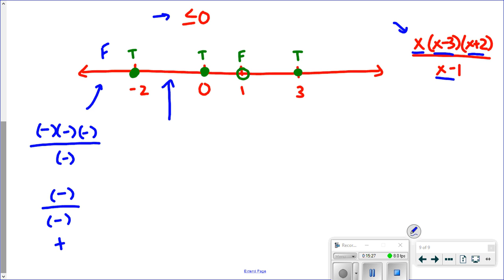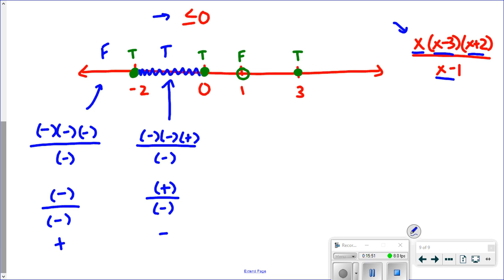Okay, so I'm thinking about -1 here. So negative times negative times positive divided by a negative. So positive on top divided by a negative on bottom is a negative. Okay, a negative is less than or equal to 0, so that's true. So I'm shaded here. Okay, here, 0.5.